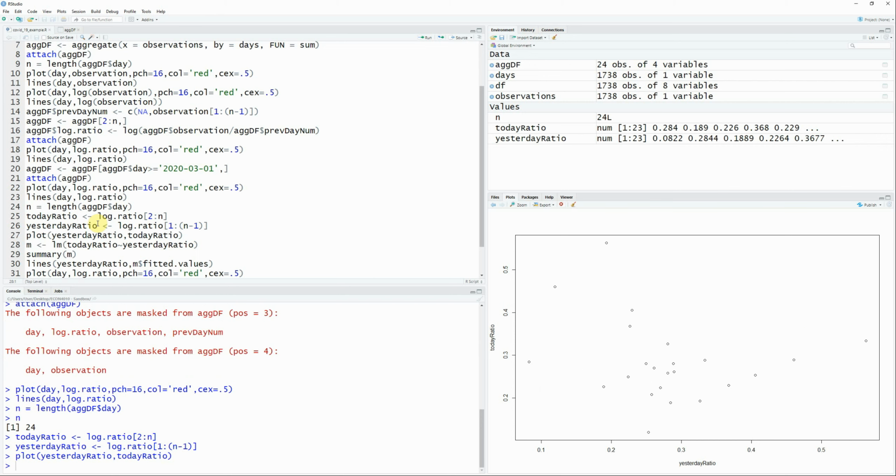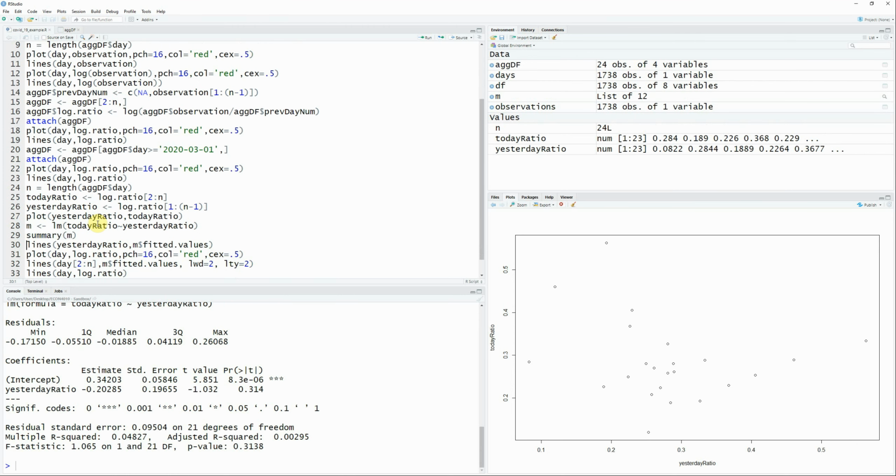I can have a simple linear model of today's ratio given yesterday's ratio, with a summary of it. I can see that the intercept is really important, so some average level, but the negative coefficient for yesterday's ratio is not that significant. Nevertheless, we are Bayesian, so we are not just neglecting everything.